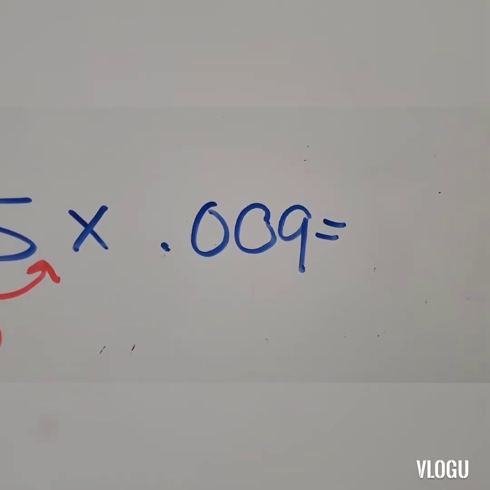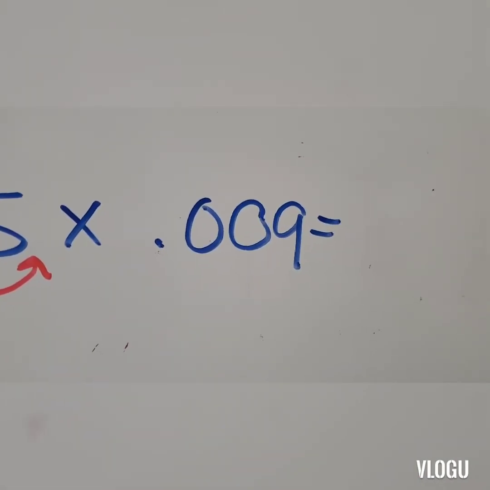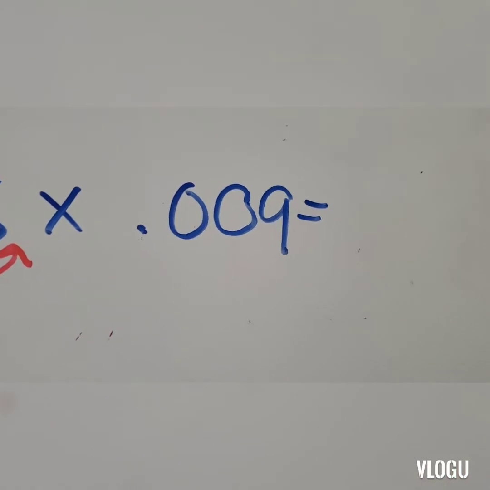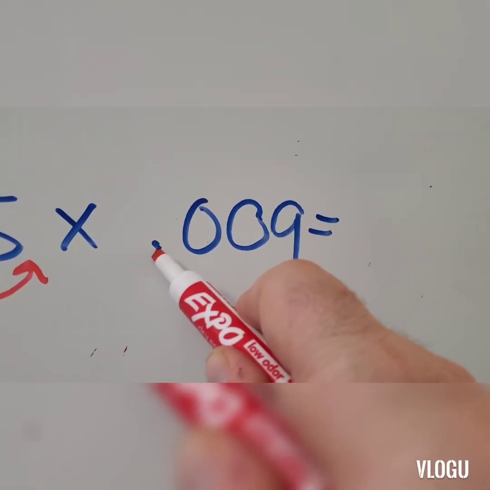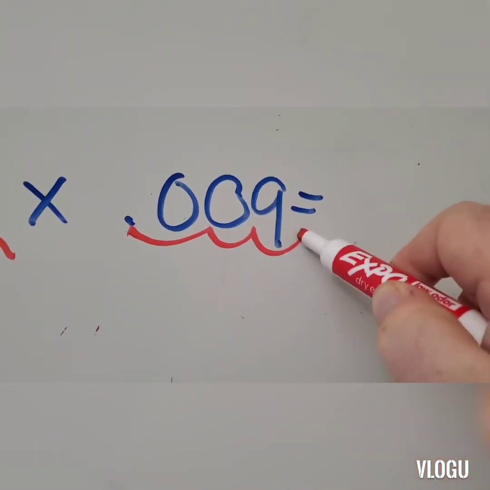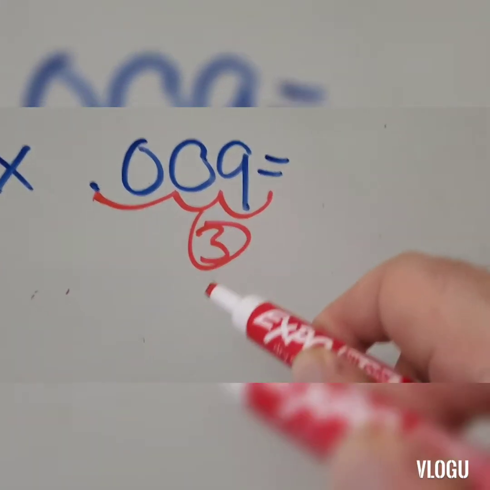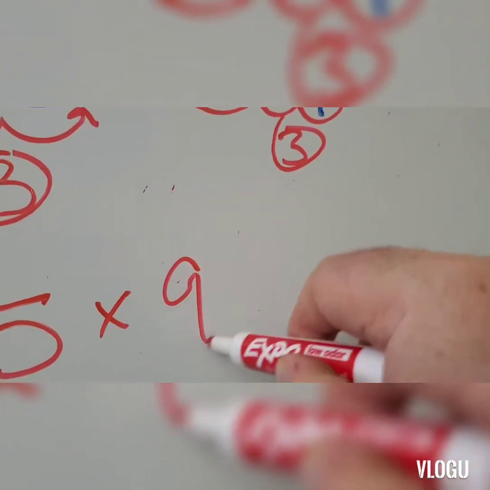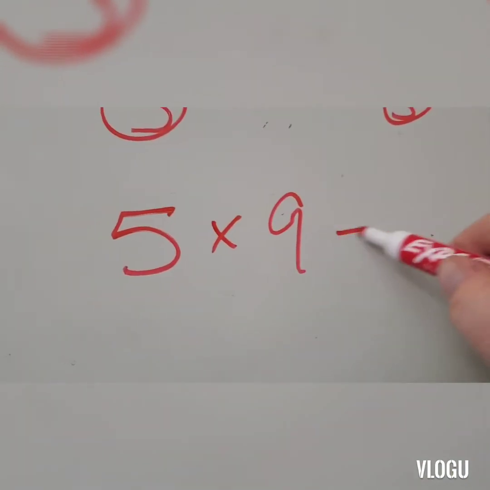I don't know my 9 thousandths facts, but I know my 9 facts. So we're going to change this from 9 thousandths. 1, 2, 3. I moved it 3 spaces. So now it's a 9.